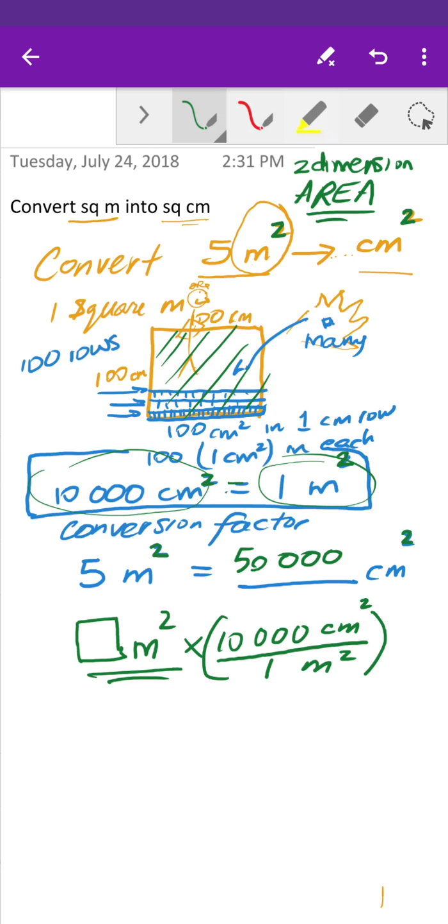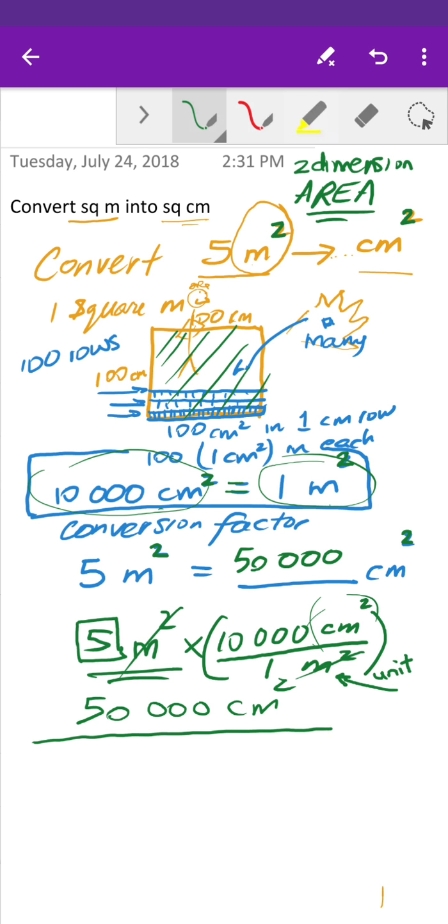When you've got the same number divided by the same number, this is just a unit. When you multiply any value by 1, you don't change the size, but you do change the units, because those will cancel. So if we have 5 square meters, it will become 50,000 square centimeters.